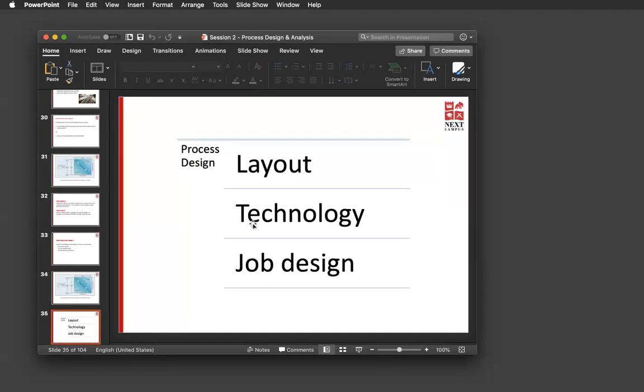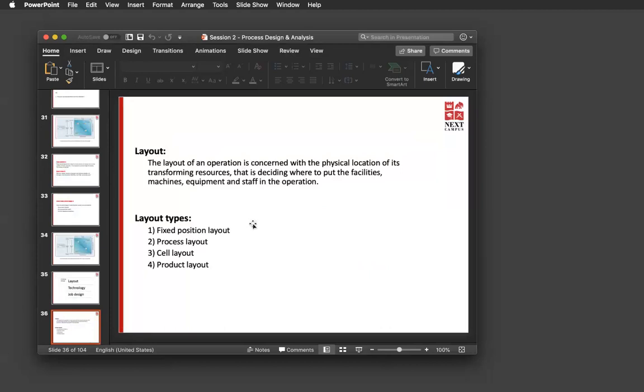So layouts have 4 categories or 4 types. One is called the fixed position layout. The second is the process layout, cell layout, and the product layout.